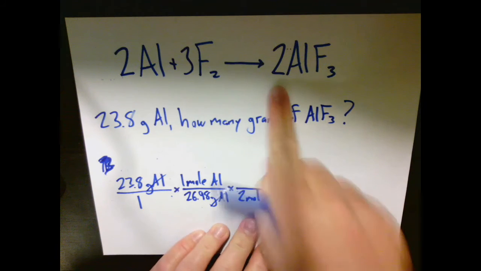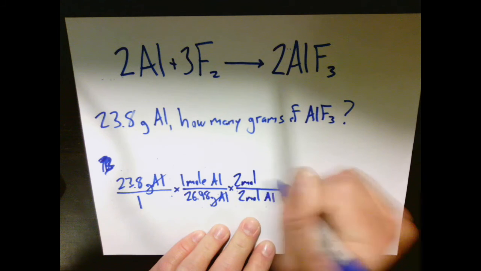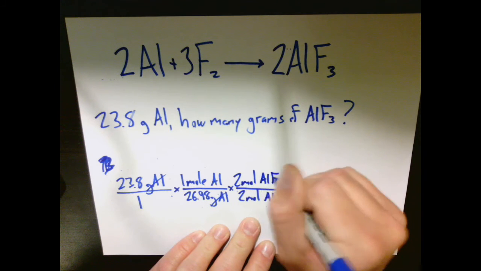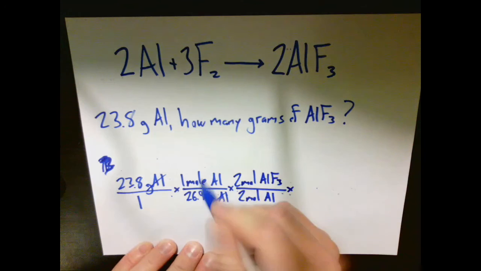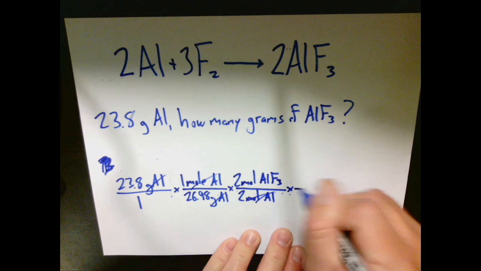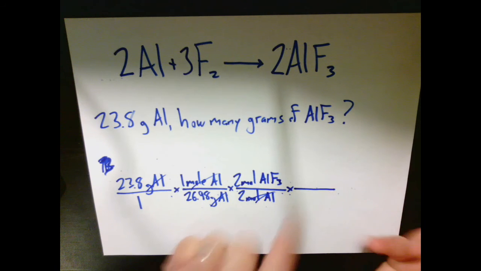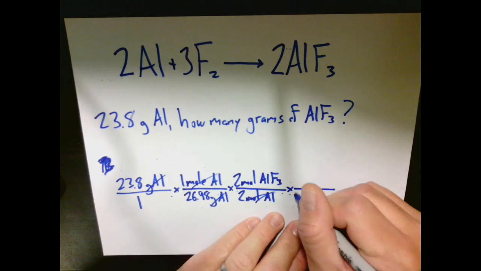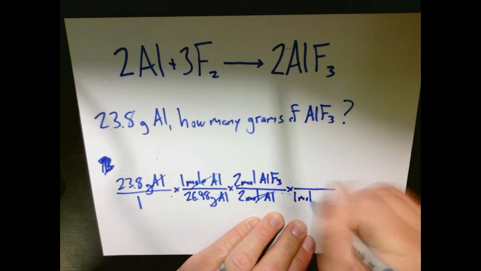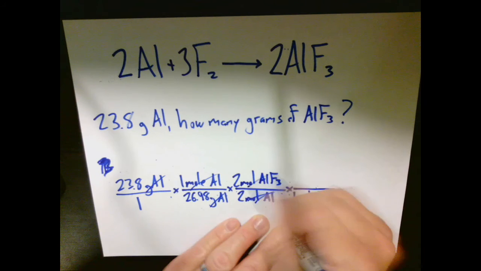Aluminum fluoride, 2 moles of aluminum fluoride. So moles of aluminum cancel out, and I'm now in moles of aluminum fluoride. Final step, I need to convert to grams of aluminum fluoride. So on the bottom, 1 mole of aluminum fluoride, and that cancels out.